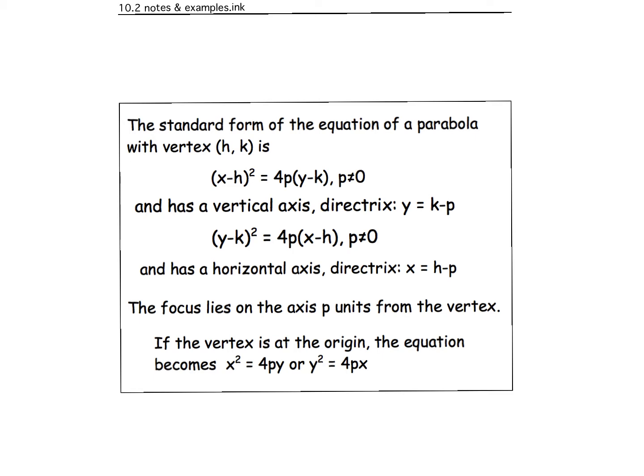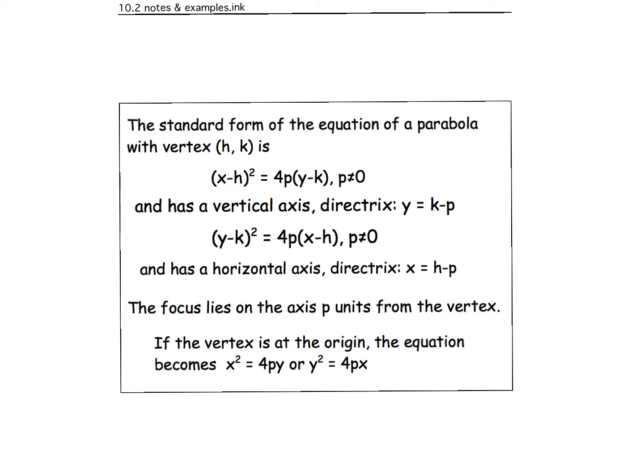One way to think about it is the directrix is perpendicular to the axis of symmetry. The focus point is always on that axis of symmetry as a point. So vertex and focus point are on that vertical line or horizontal line. So it's a shift. It's a distance away.